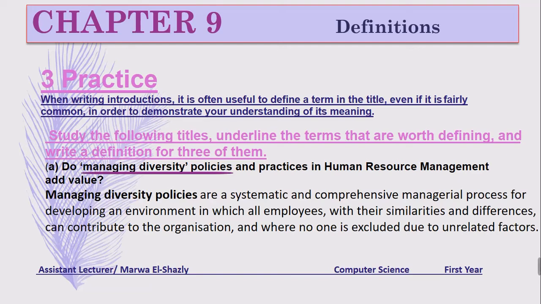Managing diversity policies are a systematic and comprehensive managerial process for developing an environment in which all employees with their similarities and differences can contribute to the organization and where no one is excluded due to unrelated factors. So here managing diversity policies means سياسات الإدارة الشمولية.